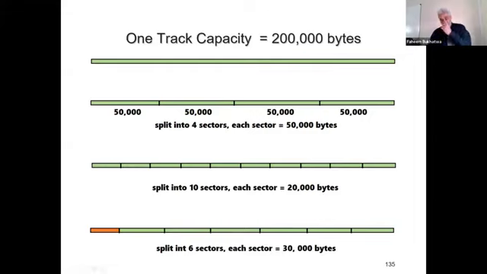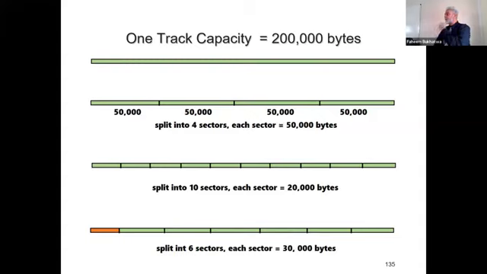So the nearest we're going to have is how many? 6 times 3. So 1, 2, 3, 4, 5, 6 sectors, and each one of them is going to be 30,000. So 30, 60, 90, 180,000. But we're left with 20,000 that we cannot use.